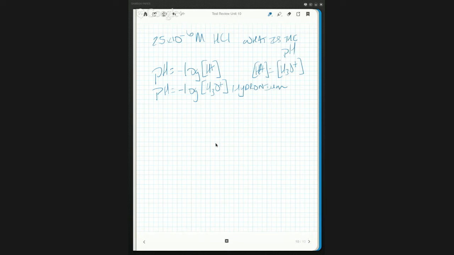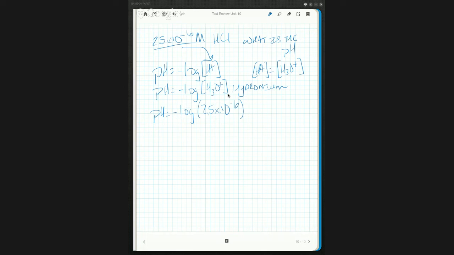That is in your notes. Hopefully you'll remember that. So you're only going to plug in the molarity of your acid in for the H plus. Pretty straightforward. So pH is equal to negative log 2.5 times 10 to the negative 6th.